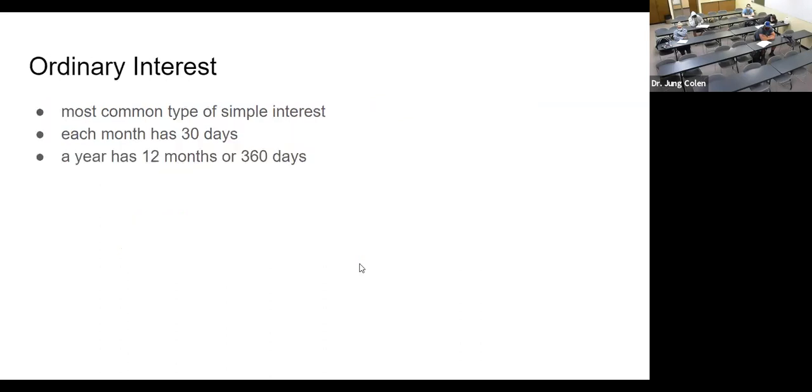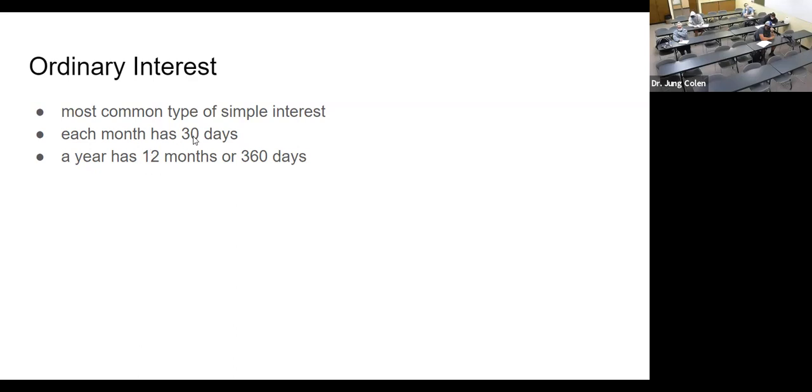So let's take a look at some more concepts here. What is ordinary interest? Most common type of a simple interest. And each month, rather than having 28 days for February and one month has 31 days, January, March, May, July, August, October, and December have 31 days, right? So we just say every month has 30 days, okay? And a year has 12 months.